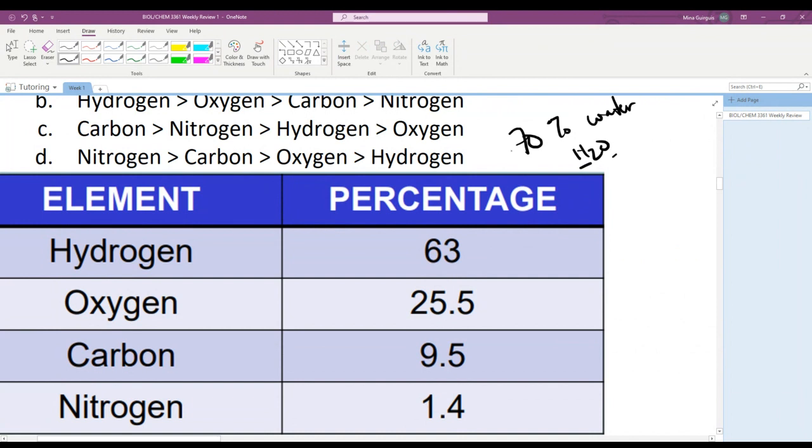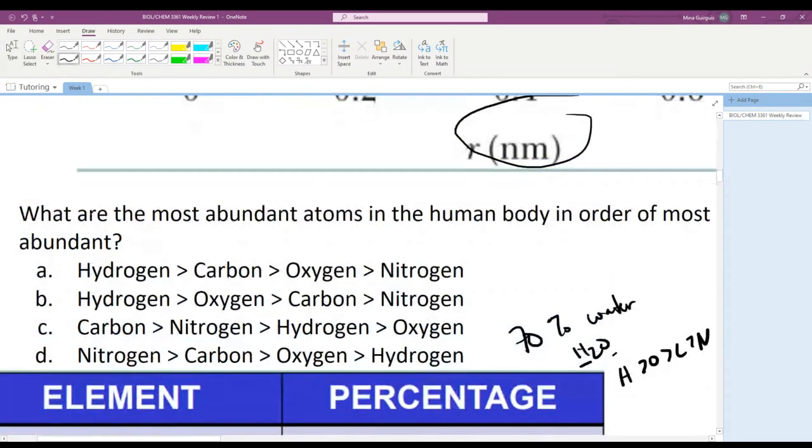Then between carbon and nitrogen, most of our structures, as you probably learned with organic chemistry, carbon is much more prevalent than nitrogen. And so the answer to this one is B.